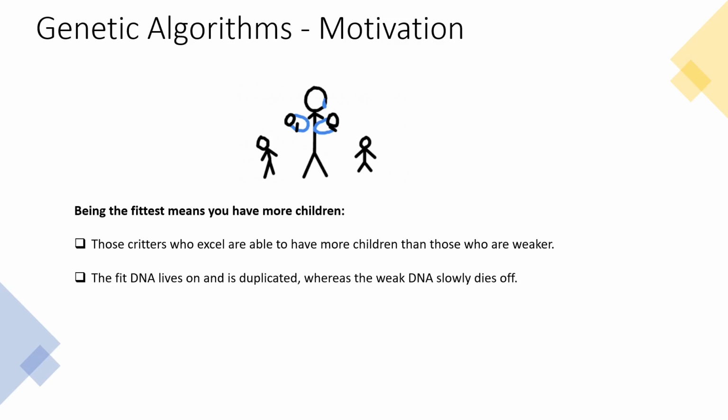The fit DNA lives on and is duplicated, whereas the weak DNA slowly dies off. That's an idea we will be using in our genetic algorithms. We will be choosing the best creatures in the population to carry to the next generation. We will not be carrying the weak ones to the next generation. We will always be choosing the fit ones.